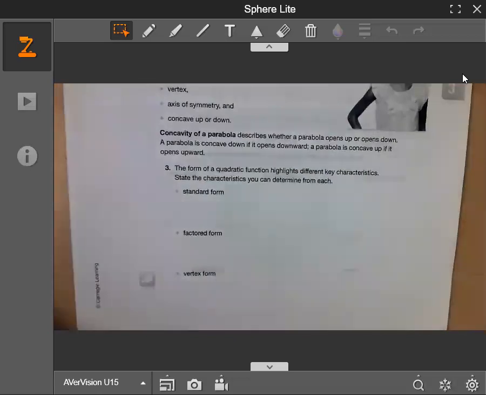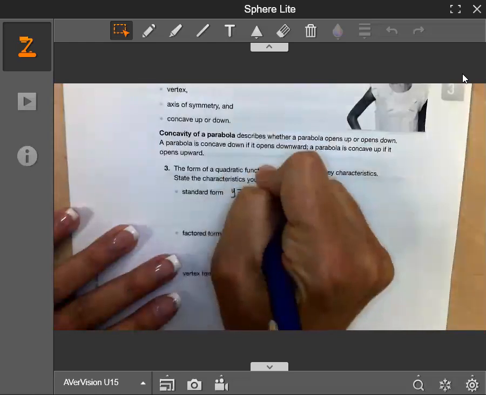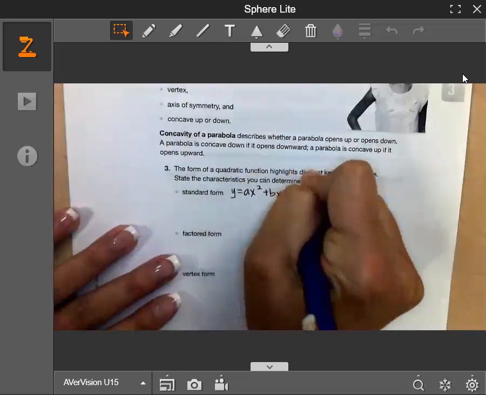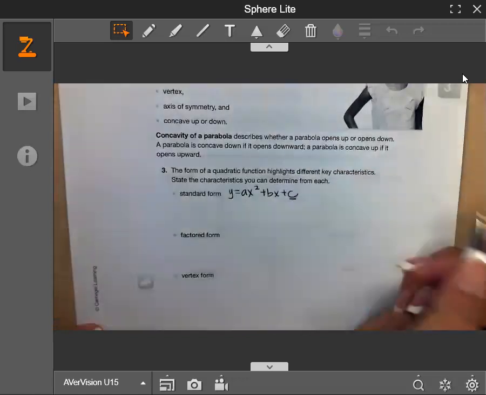So our standard form, which is the y equals ax squared plus bx plus c, that's the one the calculator gives you when you do regression, and it's usually the one that's given to you to factor. This one doesn't give you as many key attributes as the others for graphing purposes, but it does give us the y-intercept. This part right here is the y-intercept.